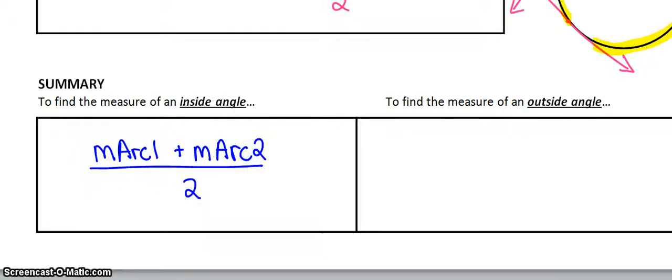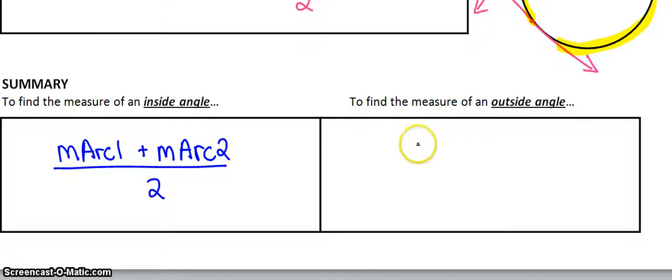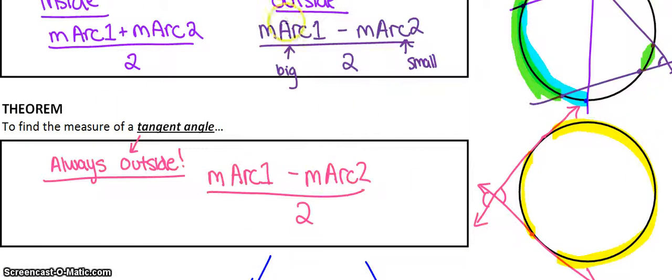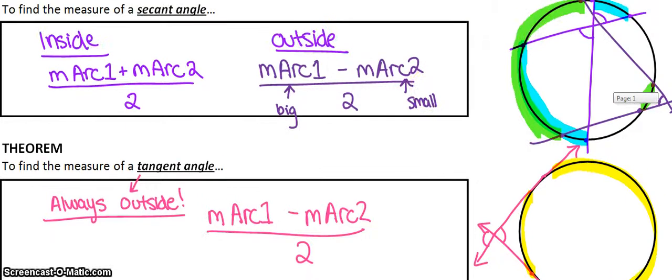Whereas if an angle is outside the circle, a secant or a tangent angle, you're going to subtract the arcs: measure of arc 1 minus the measure of arc 2, divided by 2. So that's summarizing the points we talked about up here, because they can really be broken down in two ways, since this formula is the same as this formula for secant angles.